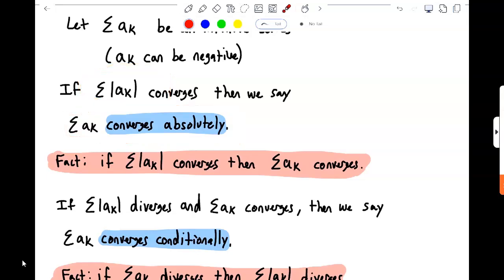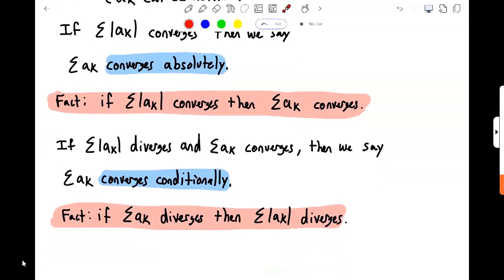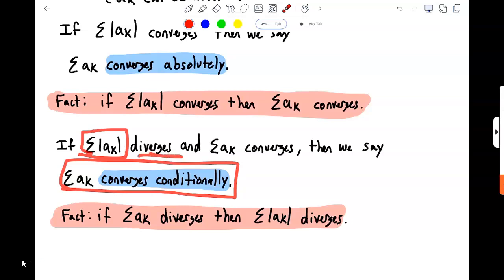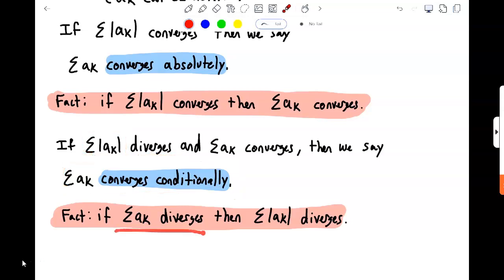Or it converges conditionally, which means that the series we're looking at converges, but when we apply absolute value, it diverges. Or the series diverges, which is then going to necessarily mean that the absolute value one will diverge as well. Okay, so this is absolute and conditional convergence.